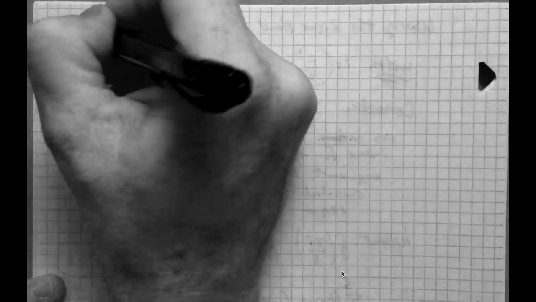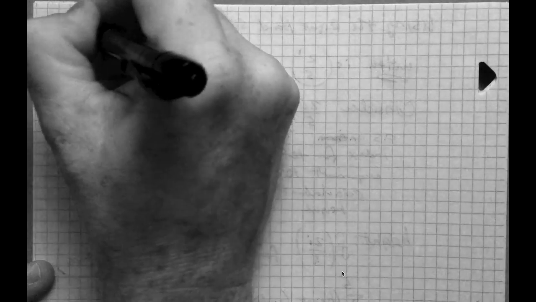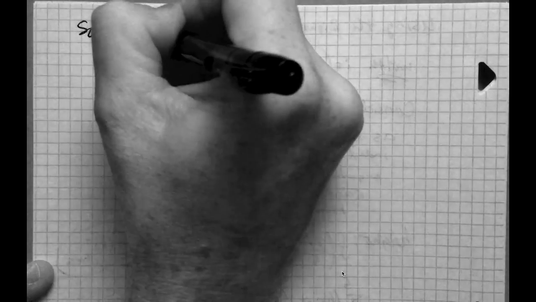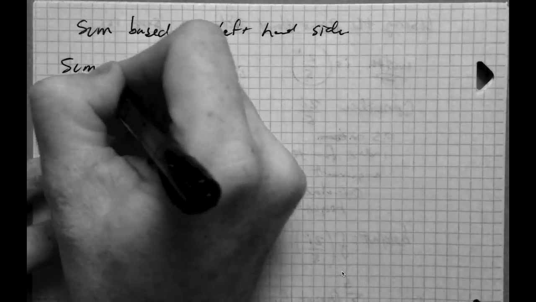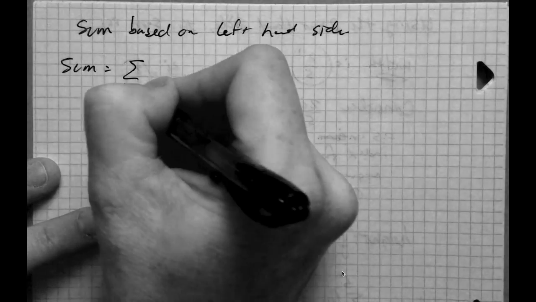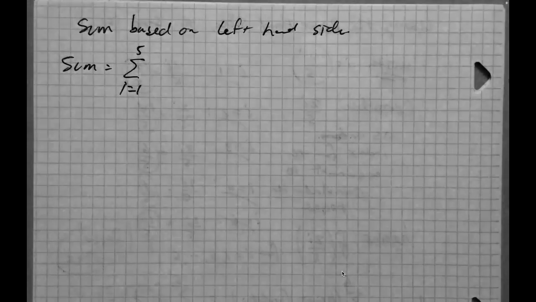If we do the sum based on the left hand side, then our sum would be i equals 1 to 5. And now, what's the height here?